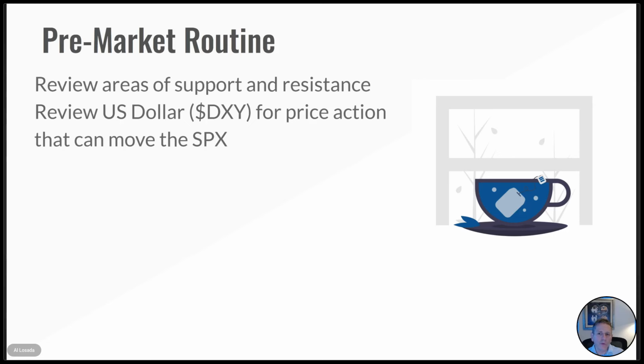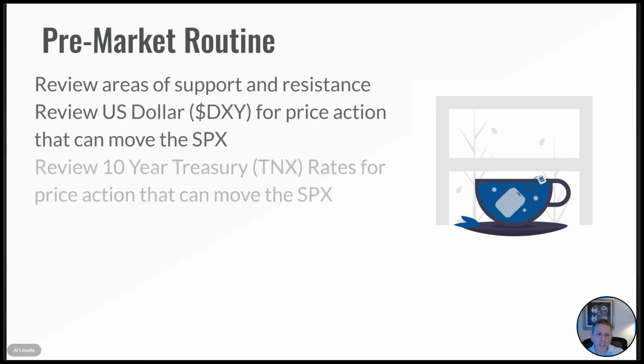So you want to have the dollar moving lower if you're bullish, and that typically happens. Review the treasury notes. If treasury notes or interest rates are moving higher, it creates competition with the market, and you have to be cognizant of that as well.